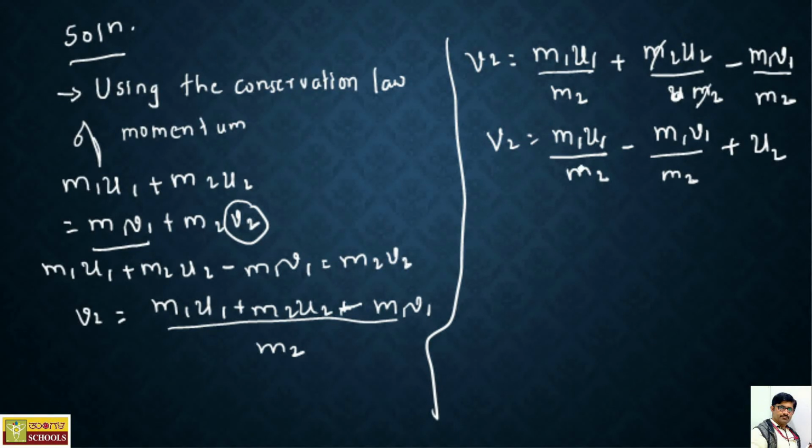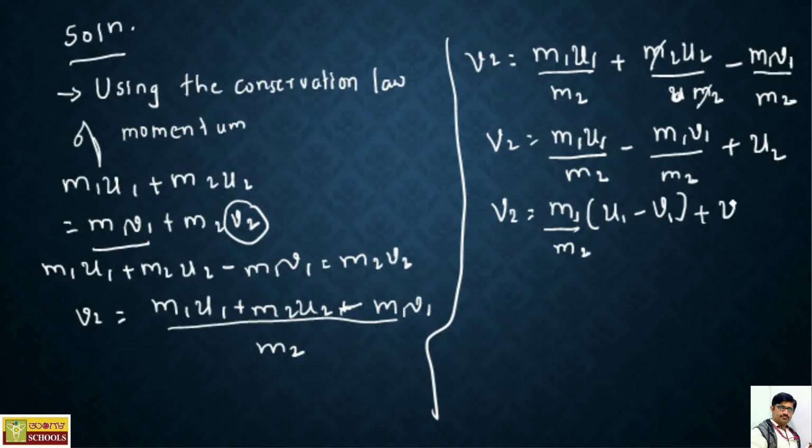Okay, now m1 by m2 is common here, just take a common m1 by m2, which is simply u1 minus v1, plus u2.